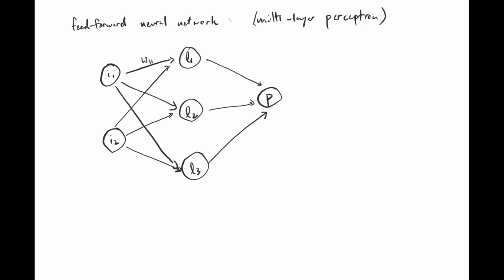So W11, we'll say W21, and this one will be W31. And then the other sets of lines will have W12, W22, and W32. And then we'll have a different set of weights here. We're going to call them V1, V2, and V3.